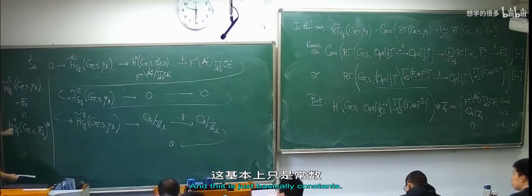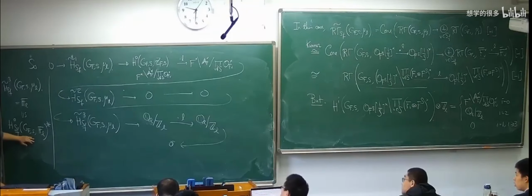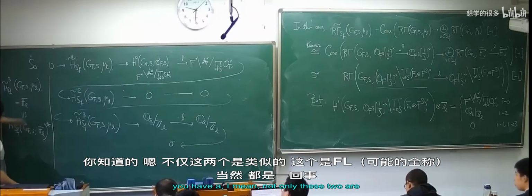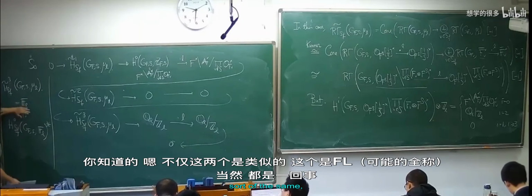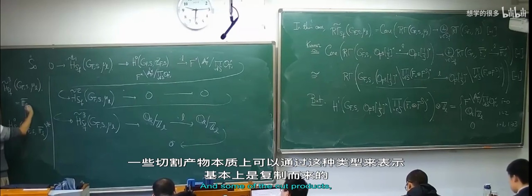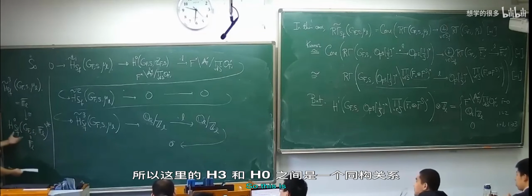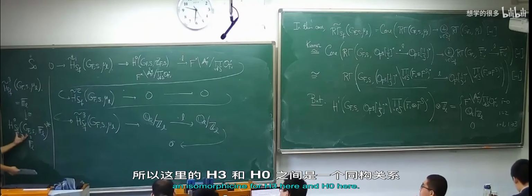And the zeroth column is basically constants. You can show that these two are the same, this is F_L, of course, same thing. The cup product is essentially given by pairing with H^0 here, and H^3 is the same calculation. So this is an isomorphism for the H^3 here and H^0 here.